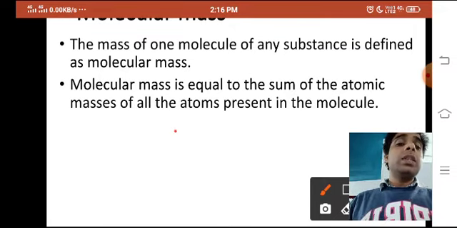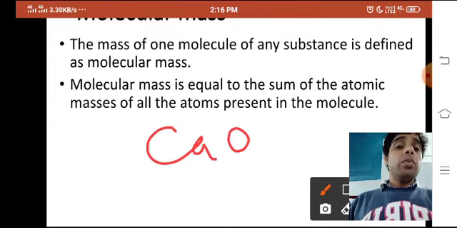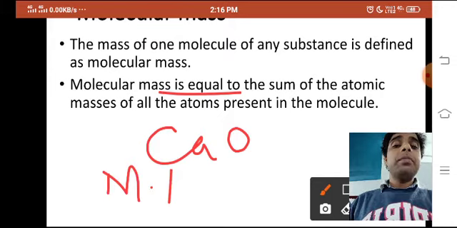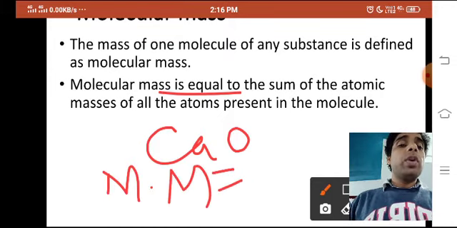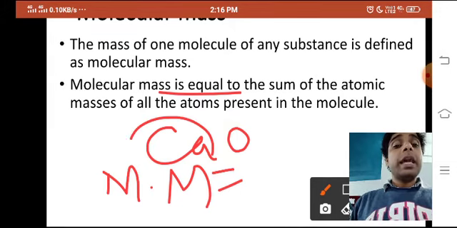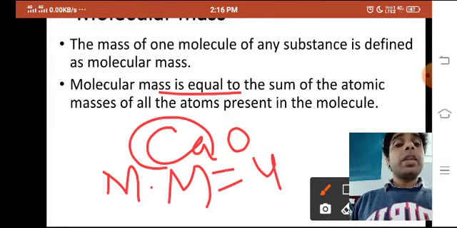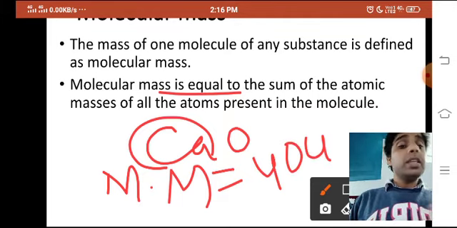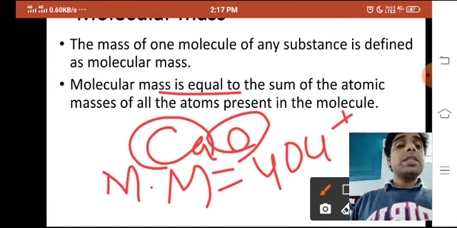Suppose I have written here CaO. What is its molecular mass? Molecular mass, MM, is equal to the sum of the atomic masses. Calcium's atomic mass is 40 U, where U is the atomic mass unit, plus oxygen 16.